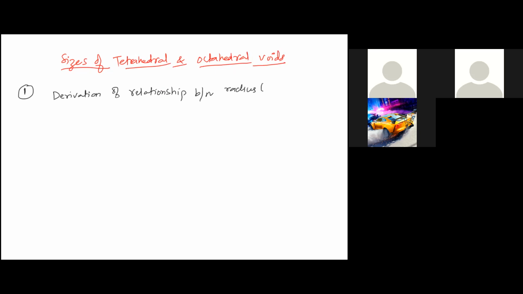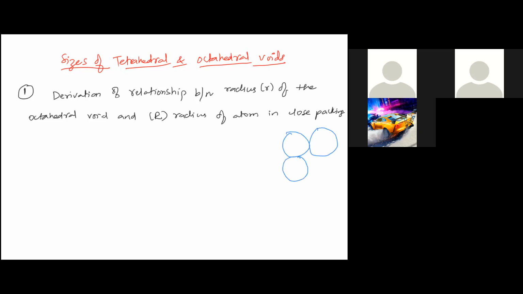the radius of the octahedral void and the radius of the atom in closed packing. Let me show you this: a circle here, a circle here, a circle here, and if you put a circle here, these are the 4 centers.